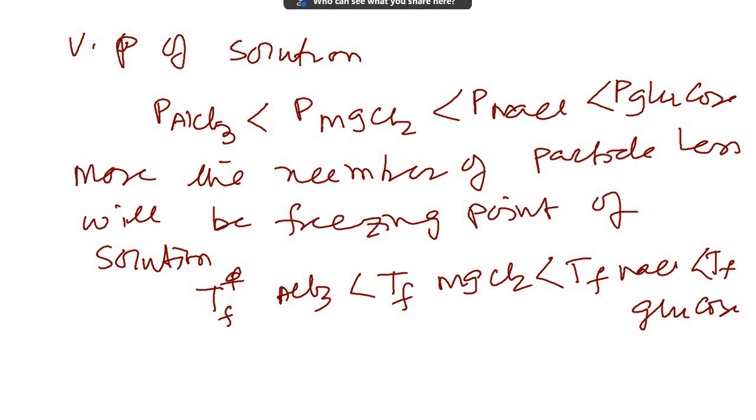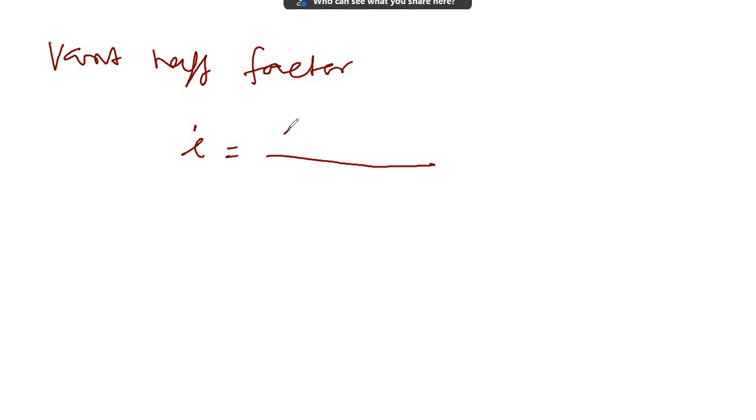Okay, followed? Now Van 't Hoff used a factor i, which accounts for the ratio between the change in vapor pressure observed to that expected. So Van 't Hoff factor i equals delta P observed over delta P expected, where delta P means change in vapor pressure.